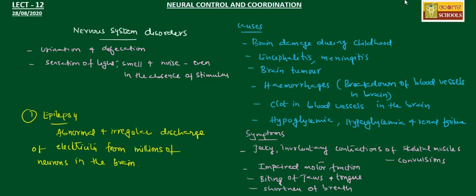There is no permanent treatment for epilepsy. Only certain drugs can be used to control epilepsy in the course of time, and only with proper medical care can an epileptic person lead a normal life.